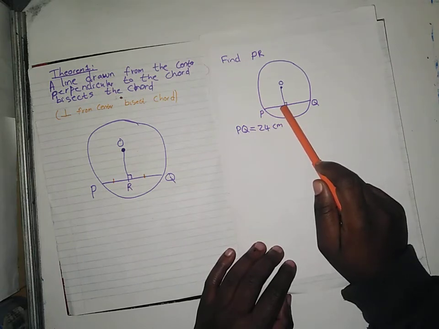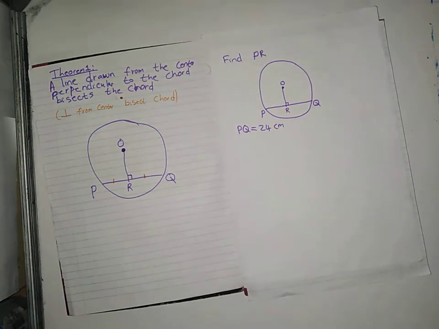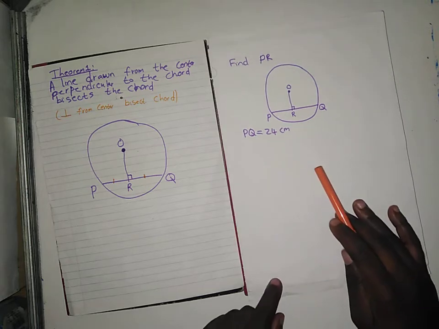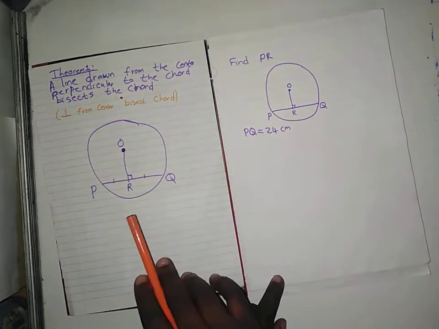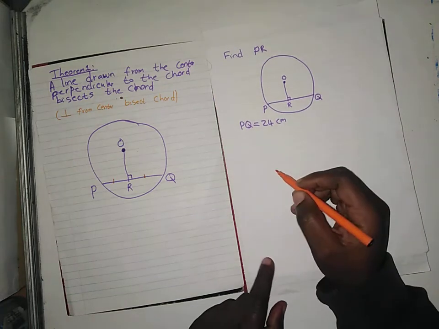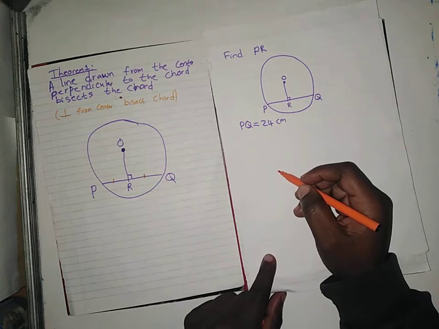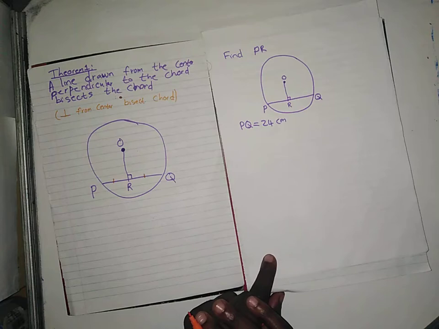All right, so how do you find that? Okay, ladies and gentlemen, you can all see that in this kind of problem you will use this theorem. So what is happening here? You will then say, okay, you've got this PQ which is equal to 24.